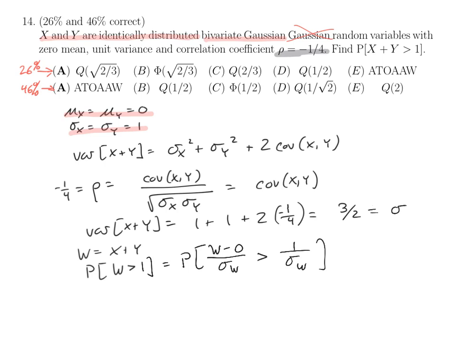And so this is sigma w, 3/2. And so this is exactly q of 1 over sigma w, which is q of 1 over the square root of 3/2. So it's q of the square root of 2/3. And so A indeed is the right answer.